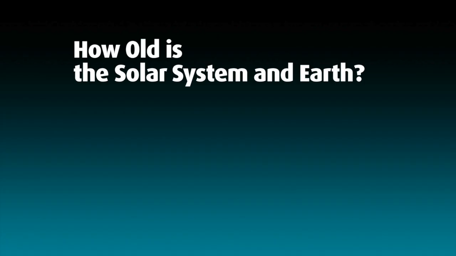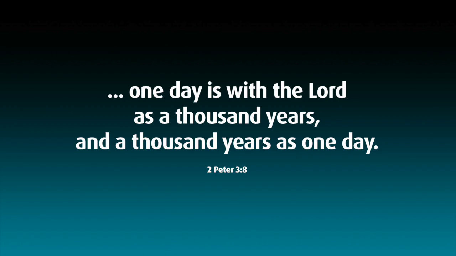How old is the solar system and the Earth? If we go from a creationist point of view, the Earth was created in 6 days. There is a scripture in 2 Peter that says, one day is with the Lord as 1,000 years, and 1,000 years as one day. So even if we took that to be literal, and we said, okay, the Earth was created in 6 days, let's grant this creation period of 6,000 years.